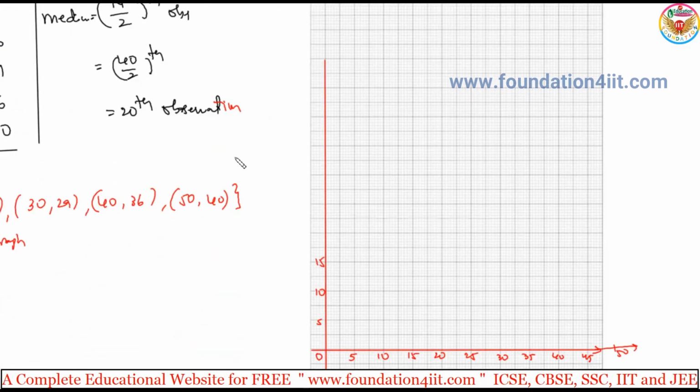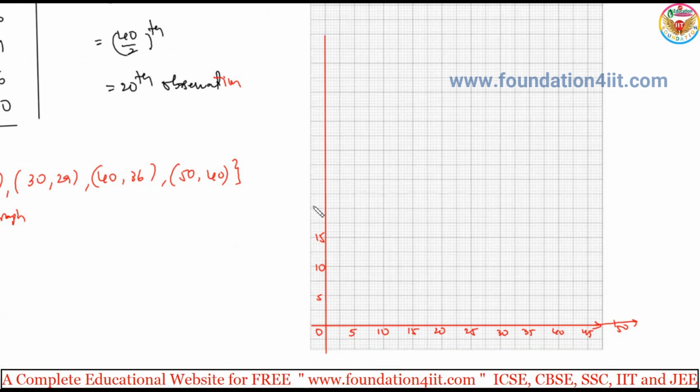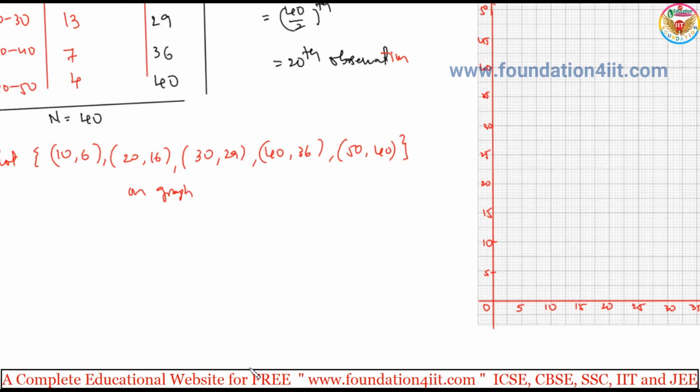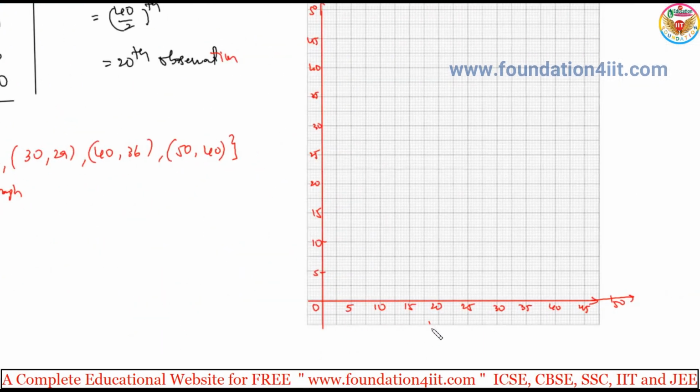So 1 centimeter is 5 units. 5, 10, 15, this is 1 centimeter actually. 5, 10, 15, 20, 25, 30, 35, 40, 45, 50, and so on. This is the x-axis, marks, and this is the number of students.